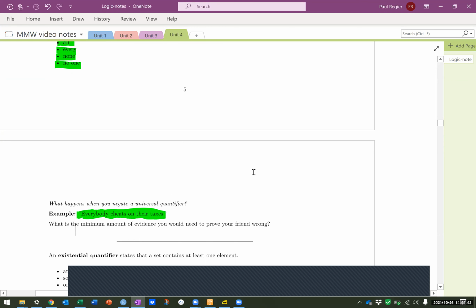Think about it for a second. You might say nobody cheats on their taxes, but that's not necessarily the case. Actually, to negate this statement, everybody, all you have to show is there exists one person that did not.